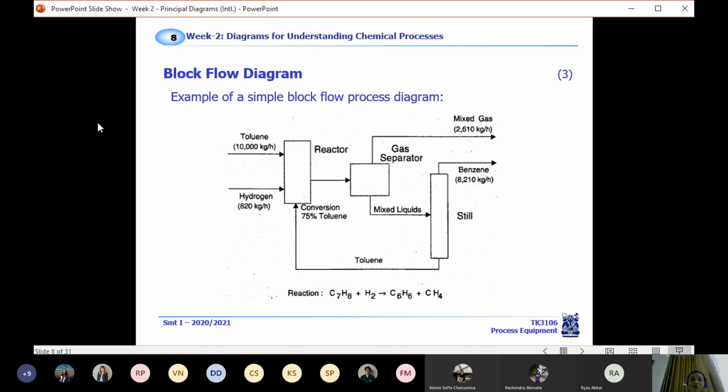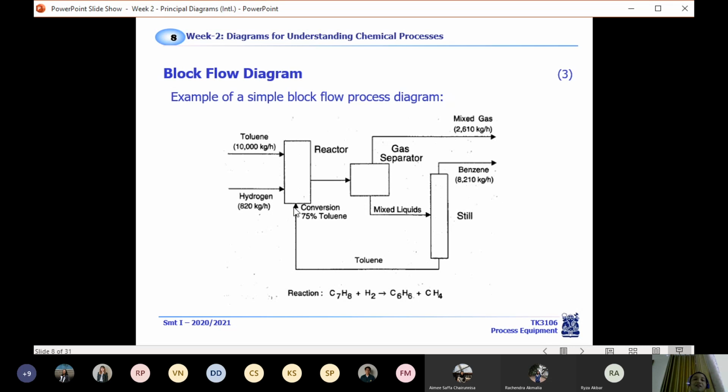So we will have a block of gas separation here, and the non-condensable gas will be discharged here. Then the second-stage separation will split the unreacted toluene at the bottom and the product, which is benzene. And in the last sentence, we will have the recycle of the toluene back to the reactor.